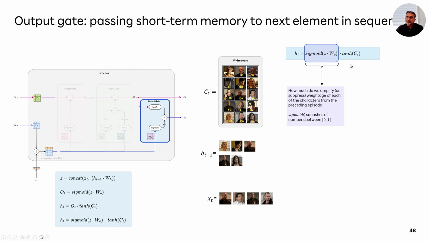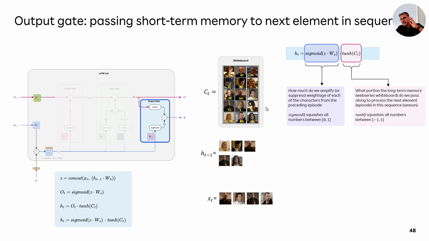And then you actually multiply that with the value that is there in the long-term memory, because we also want to see the information that has been accumulating so far. Let's say we are in the 40th episode. The long-term memory is carrying information from way back, all the way from the first episode and so on.